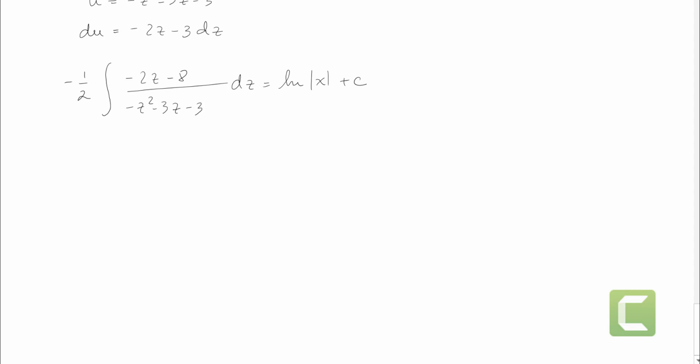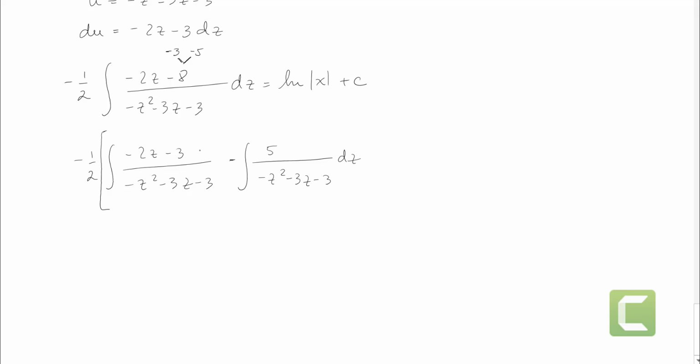The right hand side is pretty easy. It's ln of absolute value of x. And so negative a half, and now we split this into negative 2z minus 3, minus 5, over negative z squared minus 3z minus 3. Then minus integral of 5 over (negative z squared minus 3z minus 3) dz equals ln of absolute value of x plus c.